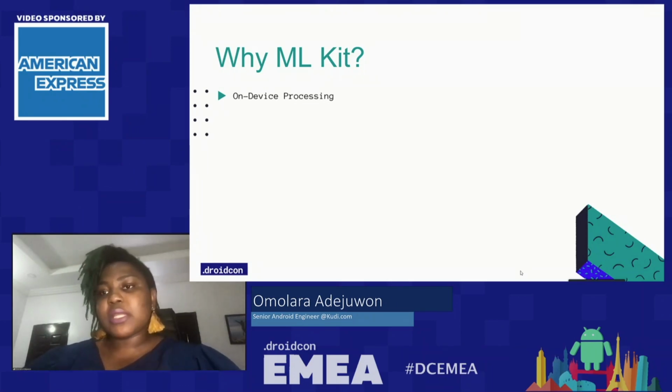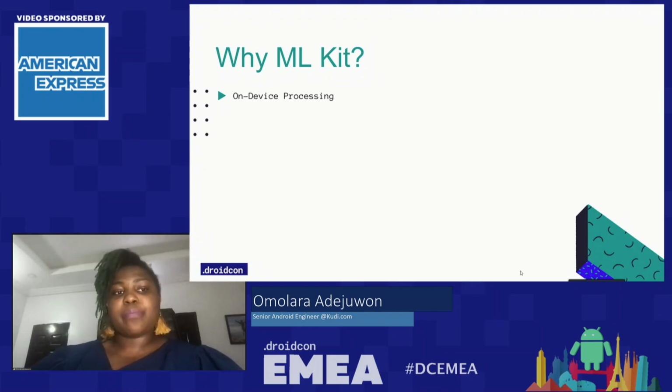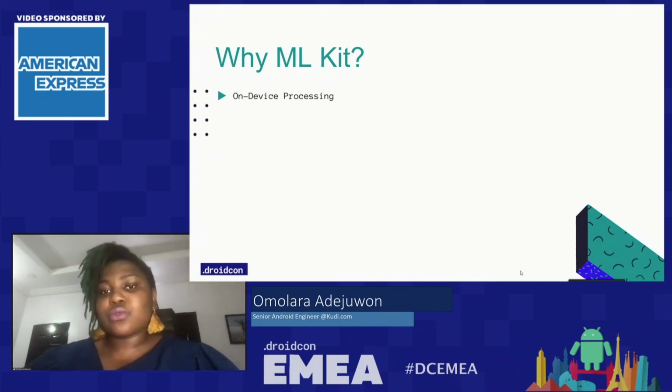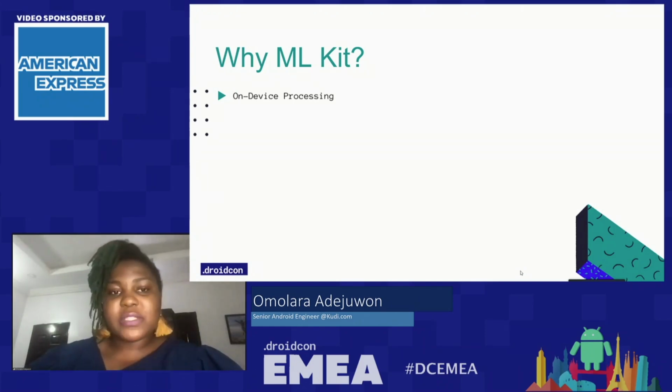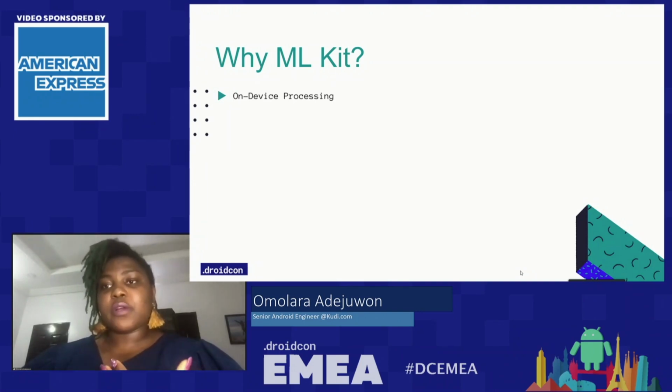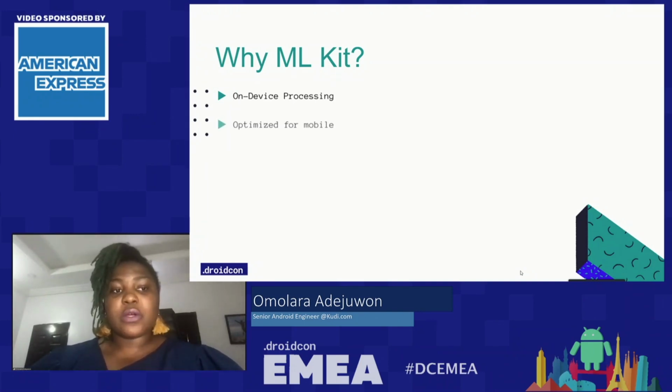So we wanted a solution that would be very fast while still providing solutions to these everyday problems. On-device processing was one thing that sold ML Kit to us, because you don't want to need internet access to do some processing. So on-device processing is one of the reasons why ML Kit was our choice.